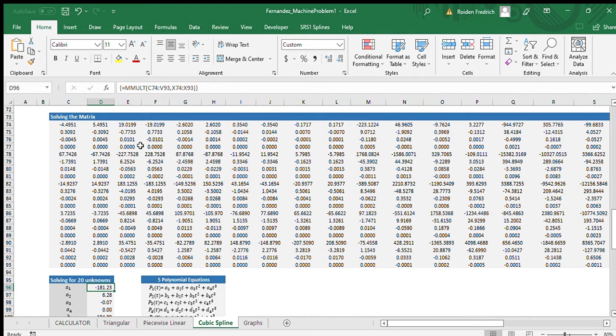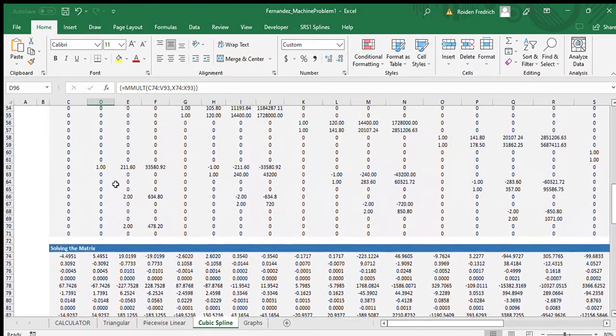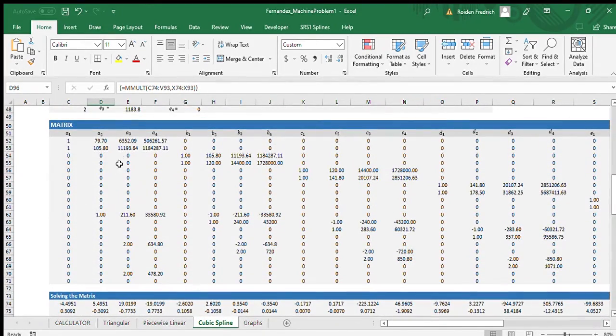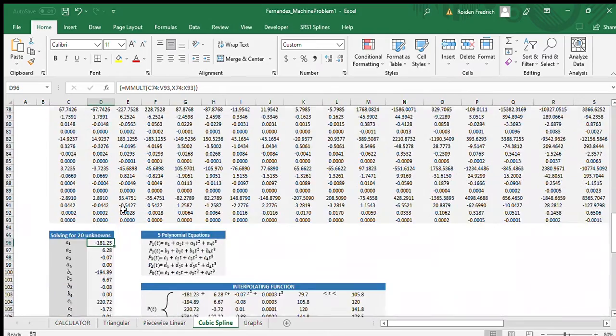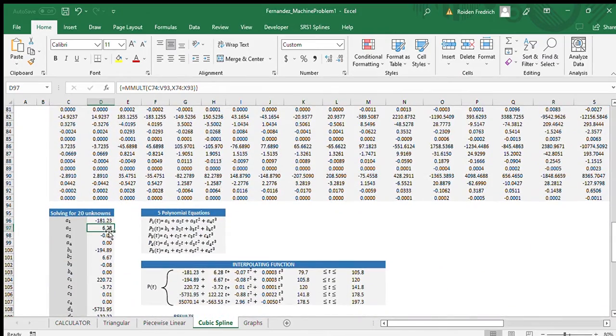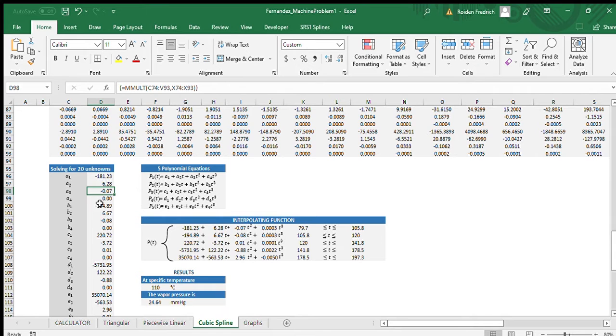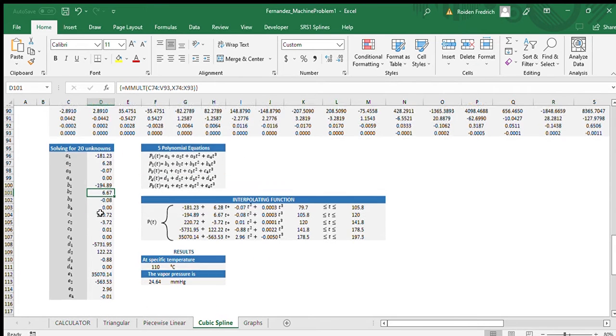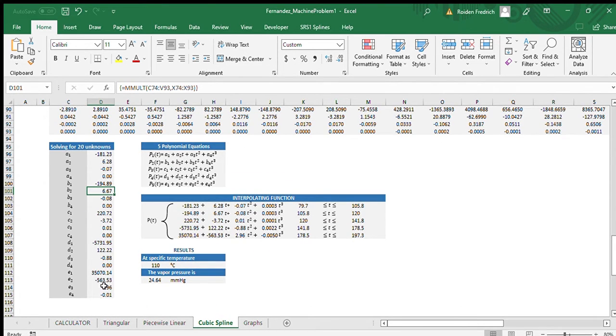The two arrays are the matrix above. After that, we'll already have the solution for our 20 unknowns.